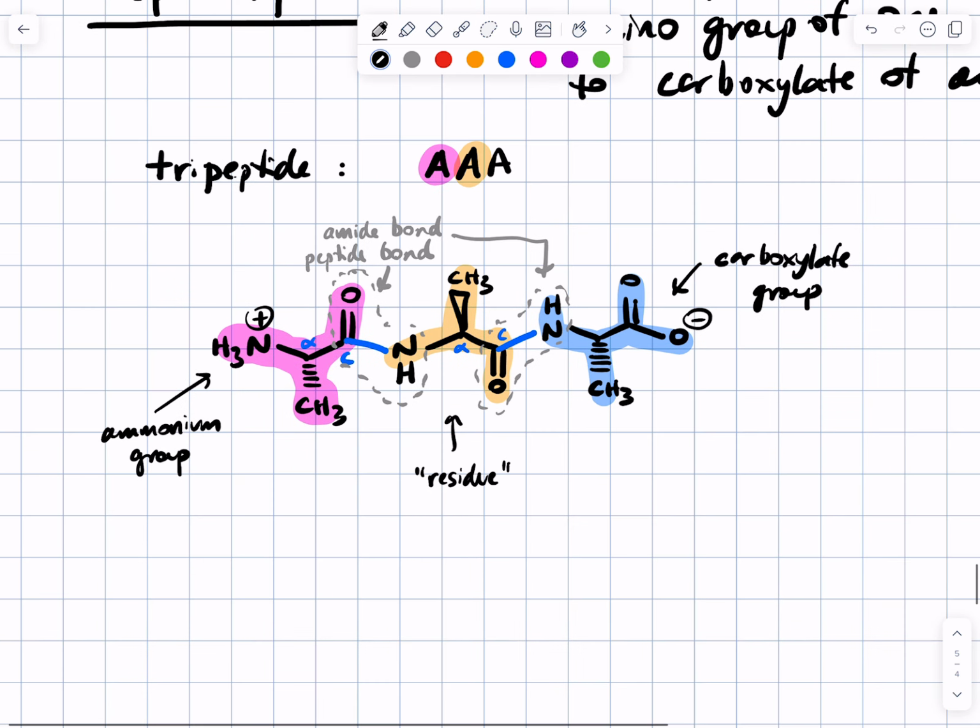We call the end of the peptide that has an ammonium group the N terminus, where N is for nitrogen. We call the end of the peptide that has the carboxylate group the C terminus, where C is for carboxylate.